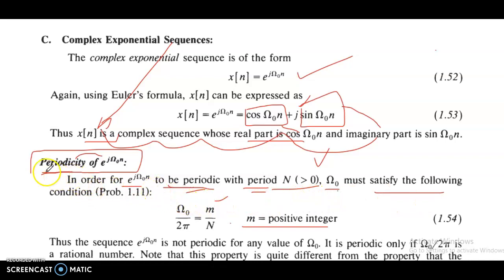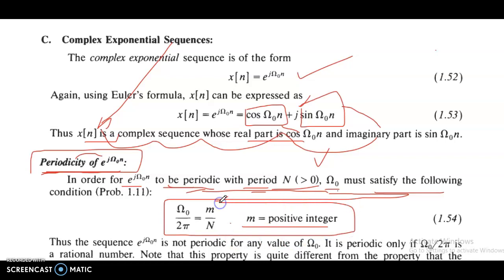In order for e^(jω₀n) to be periodic with period N greater than 0, ω₀ must satisfy this condition.